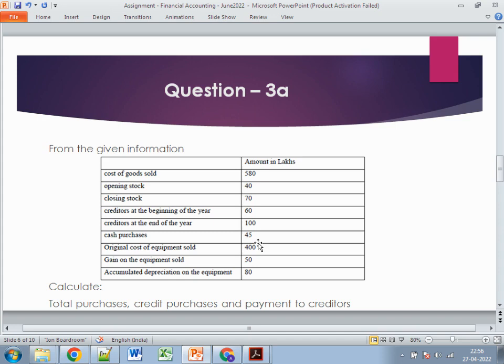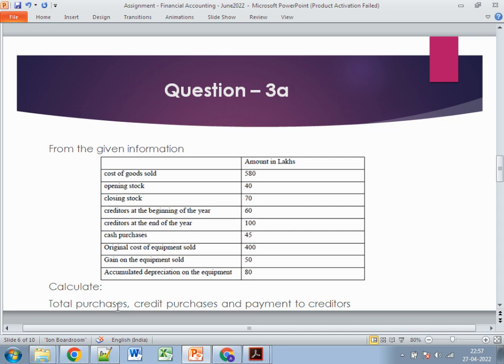Payment to the creditors is simply the creditors at the beginning of the year plus current credit purchases, minus the creditors at the end of the year. So it will be 60, which is the start of the year, plus the total credit purchases, which you will calculate from the second part, minus the creditors at the end of the year, 100, right?